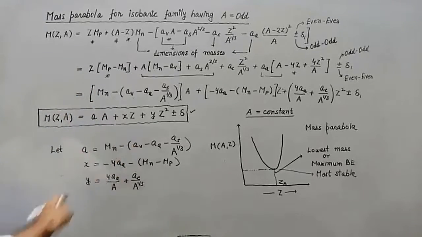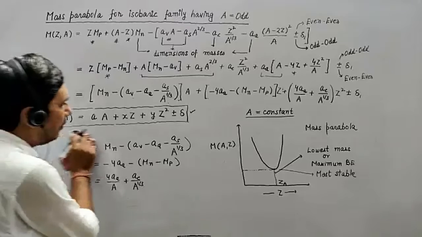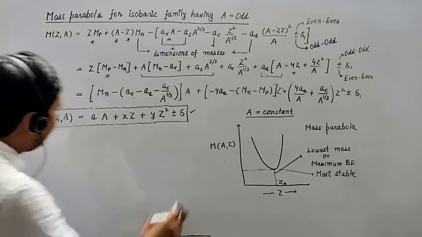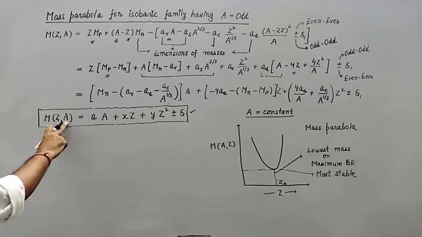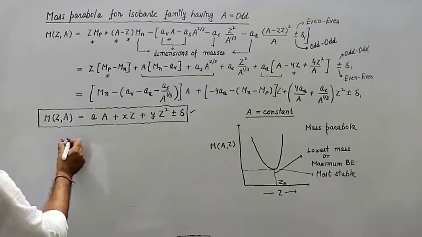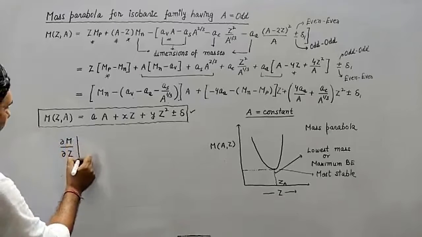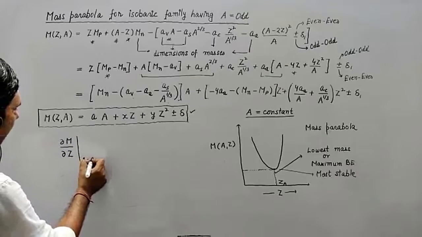Differentiate this expression of M(Z,A). We will differentiate this with respect to Z, so del M by del Z, for A equal to constant.